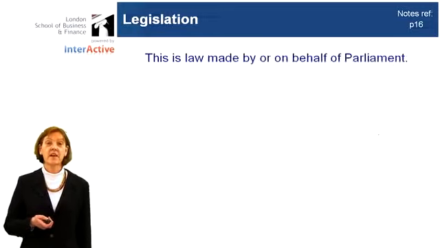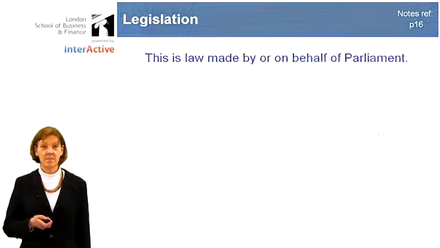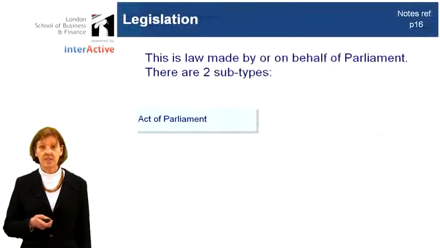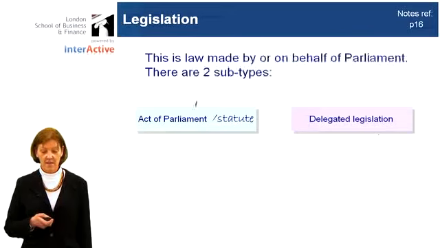Then you ought to identify to the examiner that there are two subtypes. There is the Act of Parliament, also called statute, and there's delegated legislation. The Act of Parliament or statute, that's the type which is made by Parliament itself.